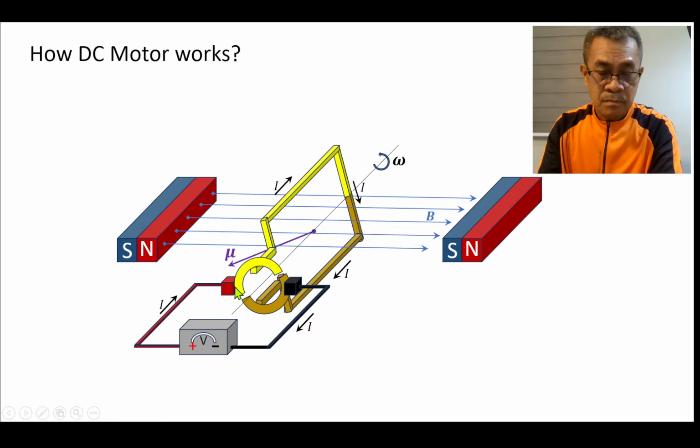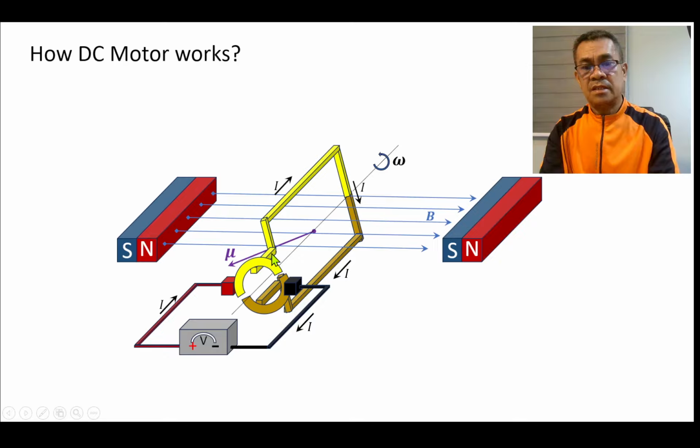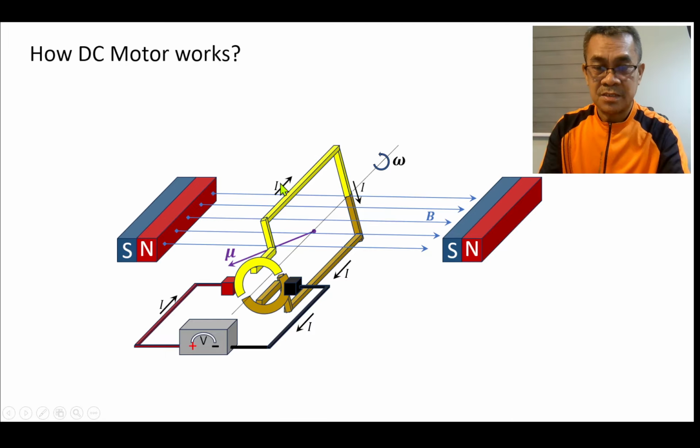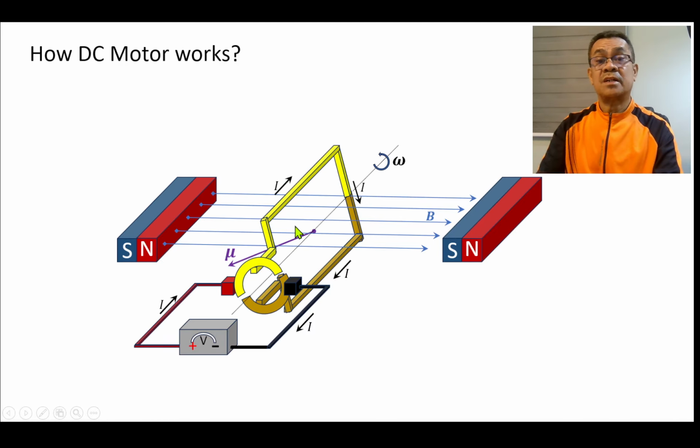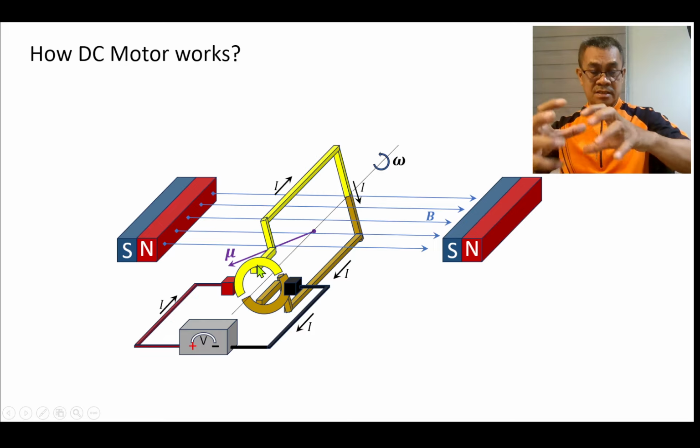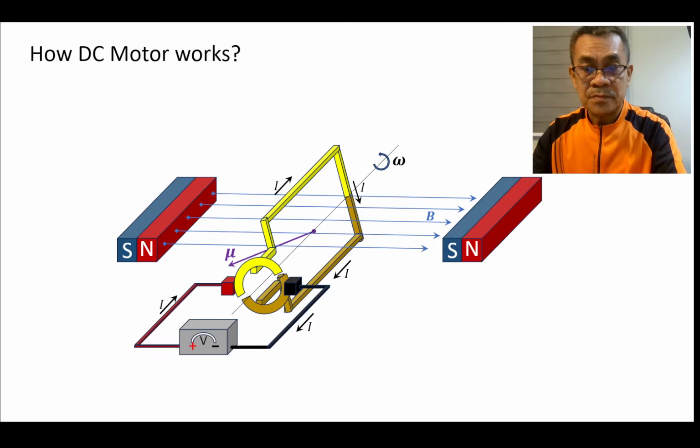What does it mean? It signifies that in the loop, there is current. So the current now reverses. Did you see? The current reverses its direction. Why? Because this brass was transferred to the next semicircle.